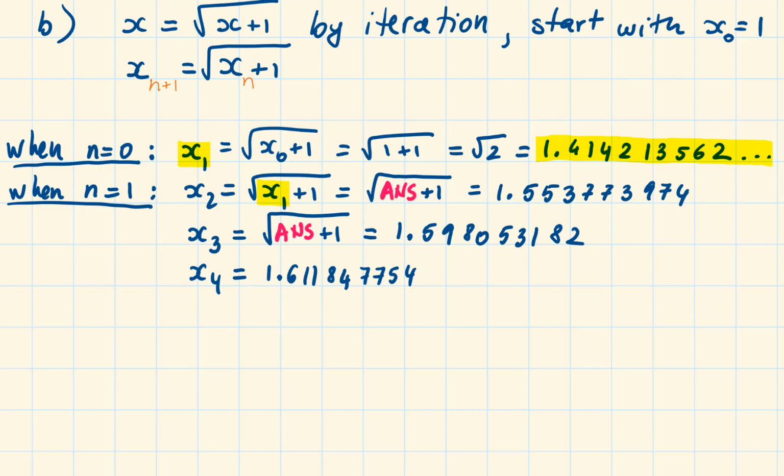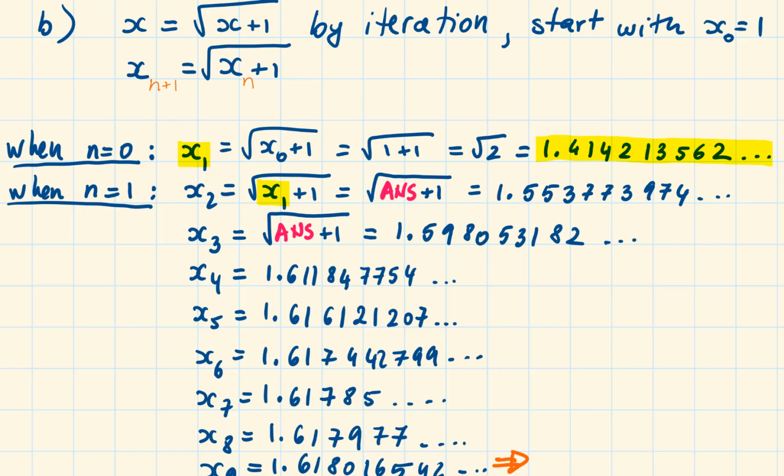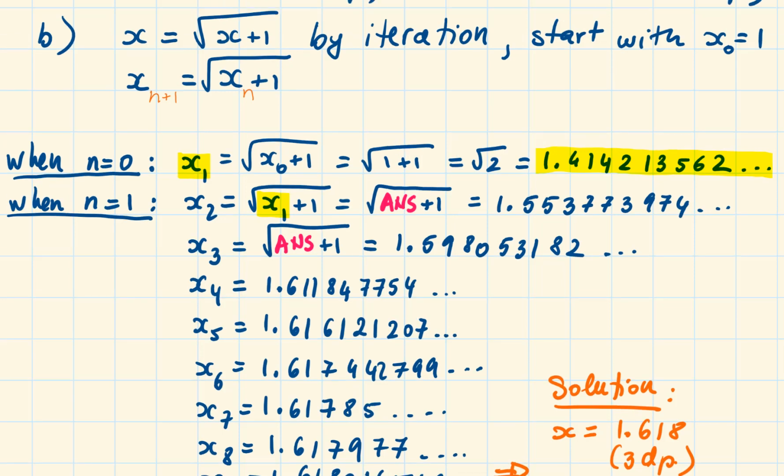Every time we press the equal sign, because we have already created the iteration formula, it will give us the next term and the next term, until the value on our calculator approaches one particular number. Notice that the more we press the equal sign, the more the answers approach 1.618, which was one of our answers that we worked out with the quadratic formula.